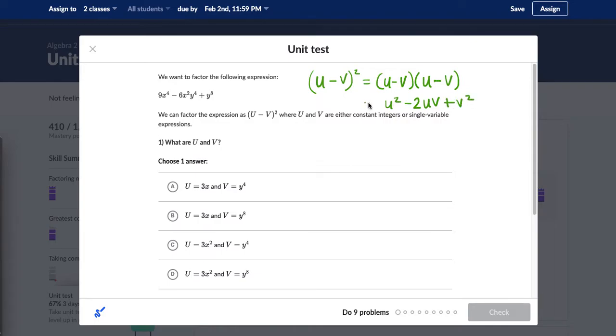It looks similar here. We've got u squared minus 2uv plus v squared, and all we need to determine is what u and v are in this situation.